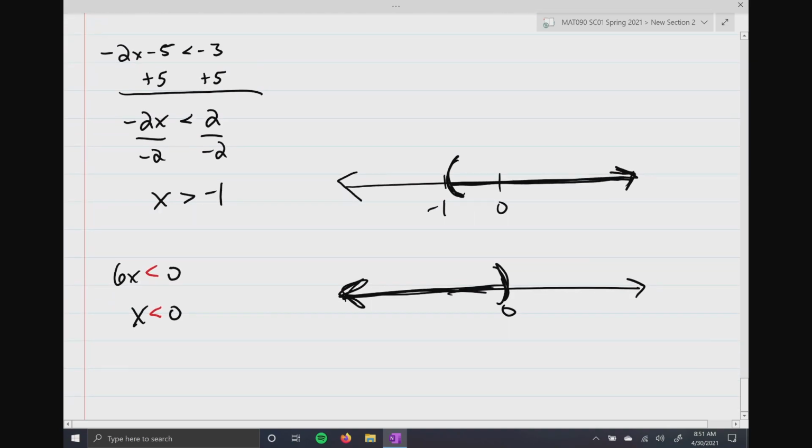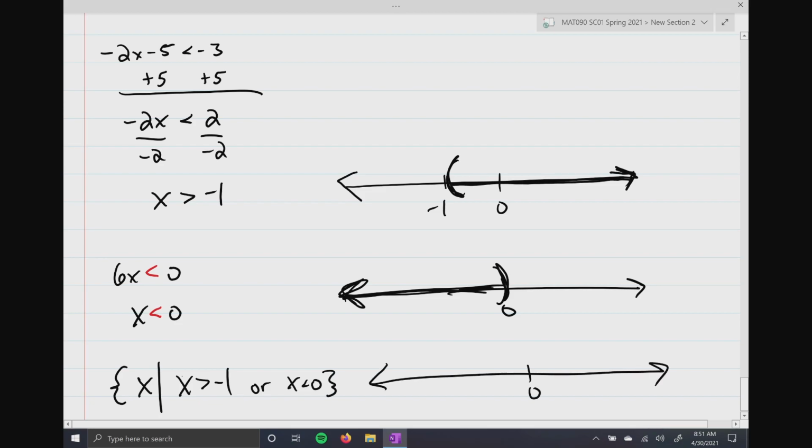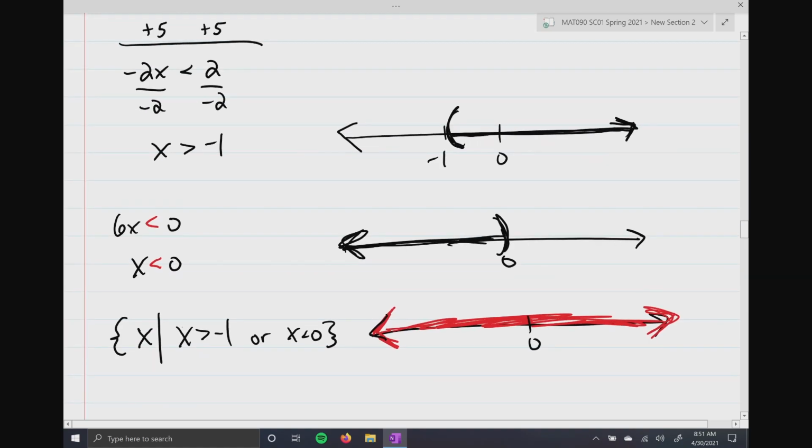Now, if I were to combine these two together, notice that no matter what I shade, everything just overlaps. Okay, now remember, this is an or statement.